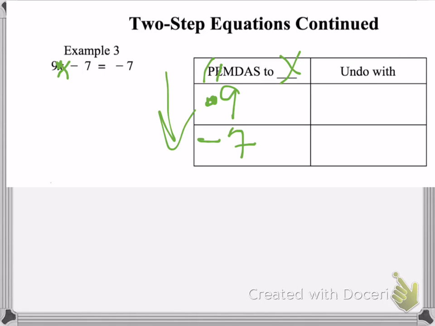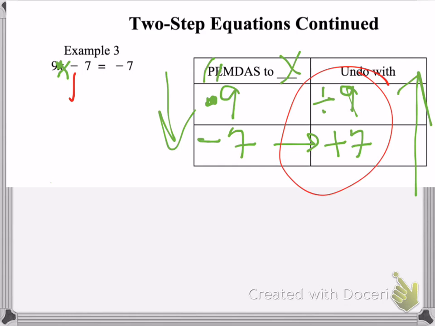That's what we would do in order of the operations. We will undo that minus 7 with plus 7. We're going to do that first, and then we'll undo the times 9 with divide by 9. We will undo that second. Then, let's actually do it. So we'll add 7 to this side, and add 7 to this side.